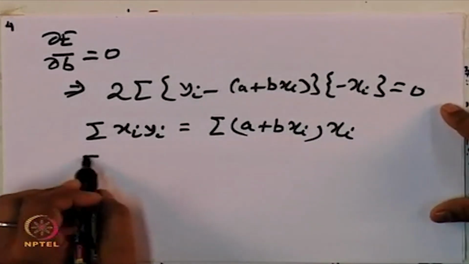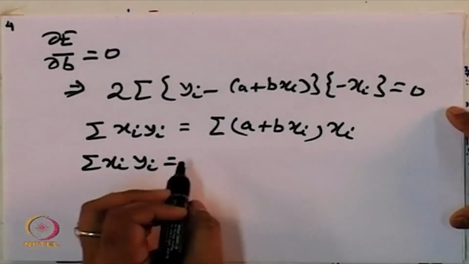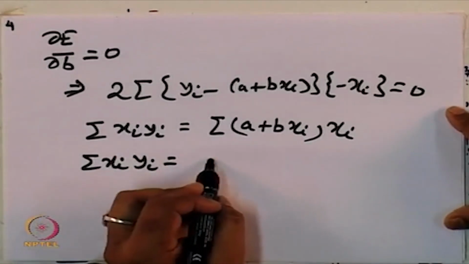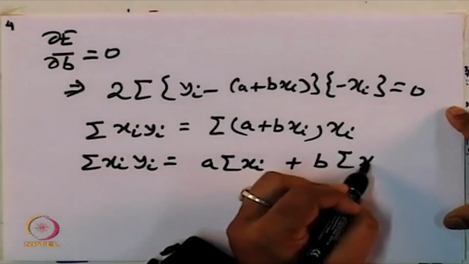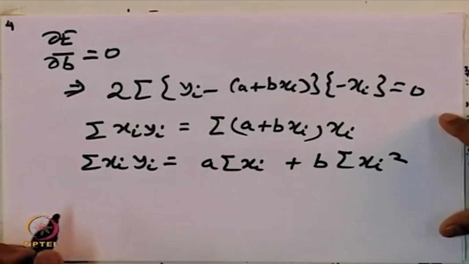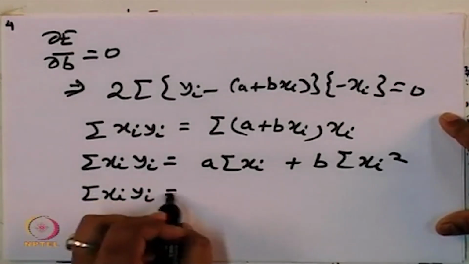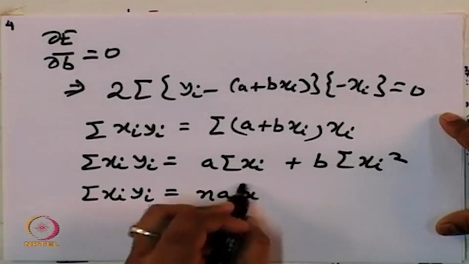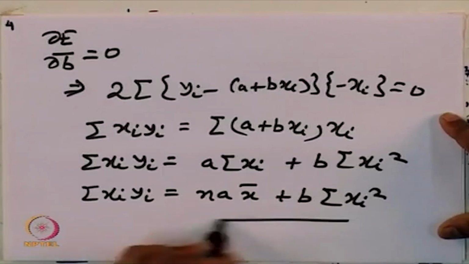So, I can simplify it further: it is equal to a summation of xi plus b summation of xi square. I can further simplify it: summation xi yi is equal to n a x bar plus b summation xi square.